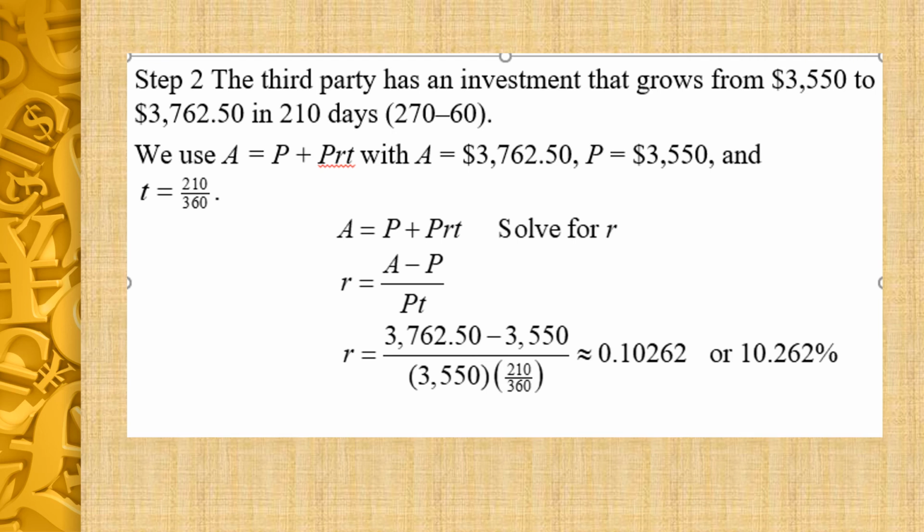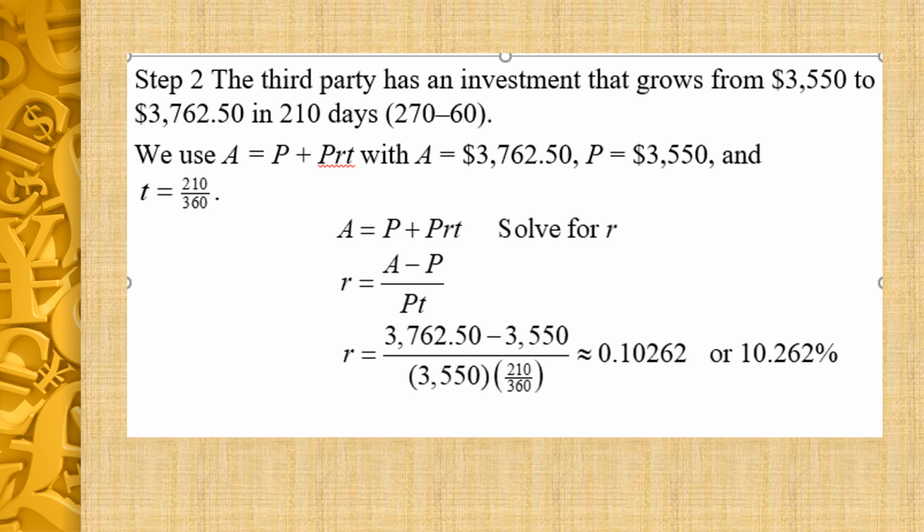But in the next step, within 60 days, you decide to sell it to a third party for 3,550. So the third party investment should grow from 3,550 to $3,762.50 for the remaining period.